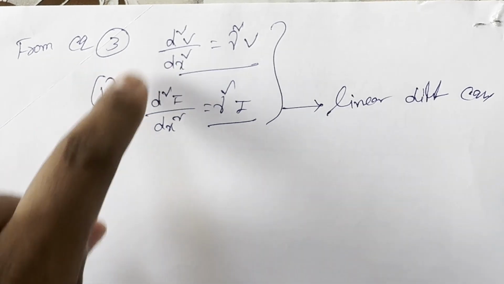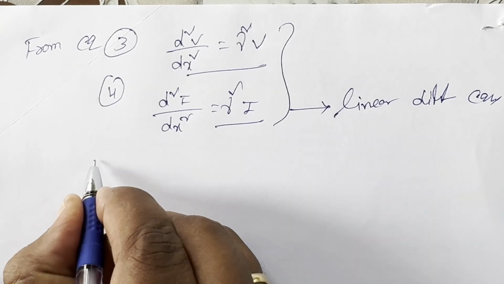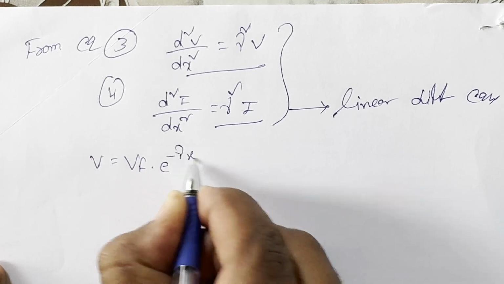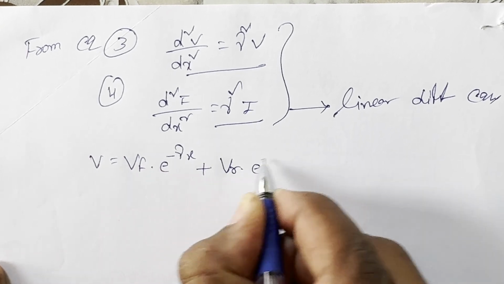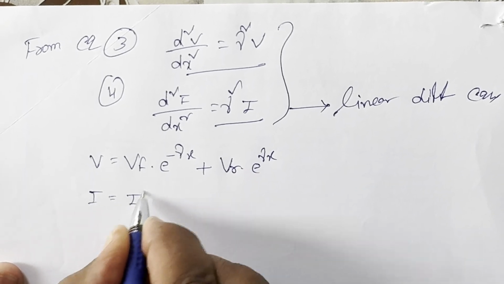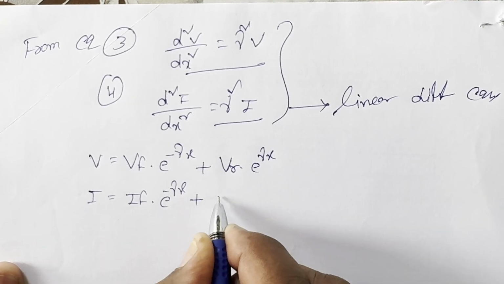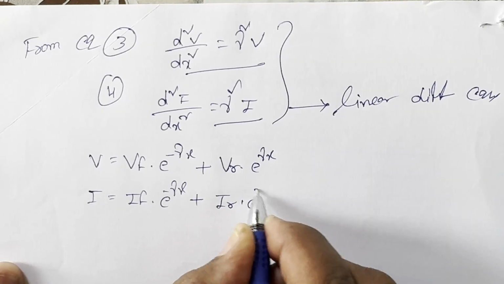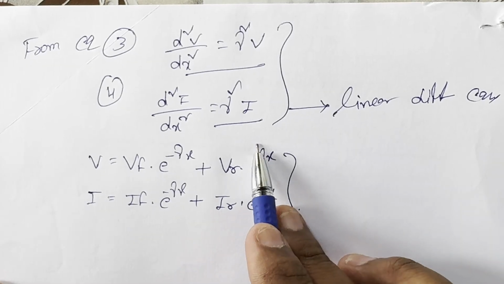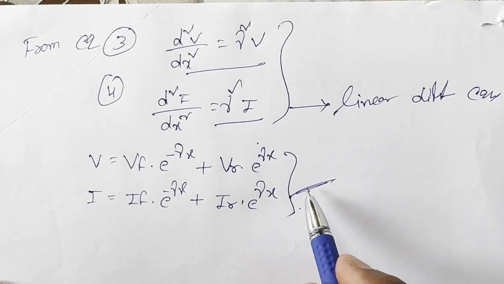Then the solutions for the above equations can be written as V equal to Vf into e power minus gamma x plus Vr into e power gamma x, and I equal to If into e power minus gamma x plus Ir into e power gamma x. These are the solutions for the above equations, and these are called the basic transmission line equations.